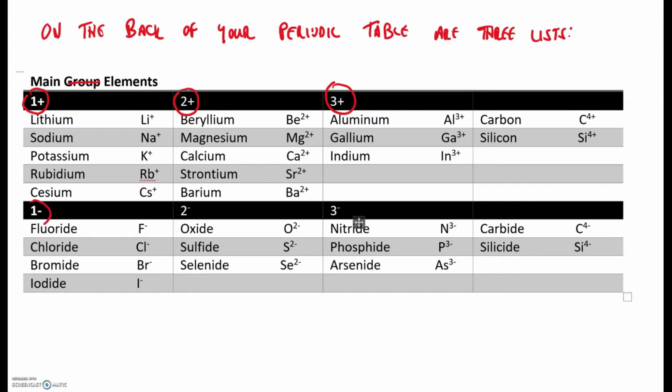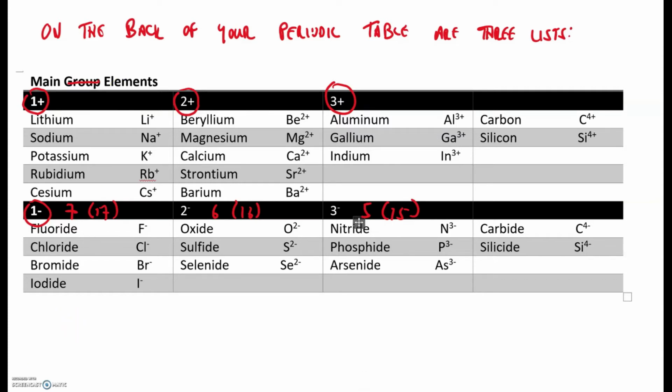This is going to be group 7 or 17, depending on how you look at it. 6 and 16, this is now group 5 and 15. I'll let you guys figure out what's going on with carbon and silicon, but we're not going to worry about that at the moment. Alright, so that's one table that we're going to want to be paying attention to.